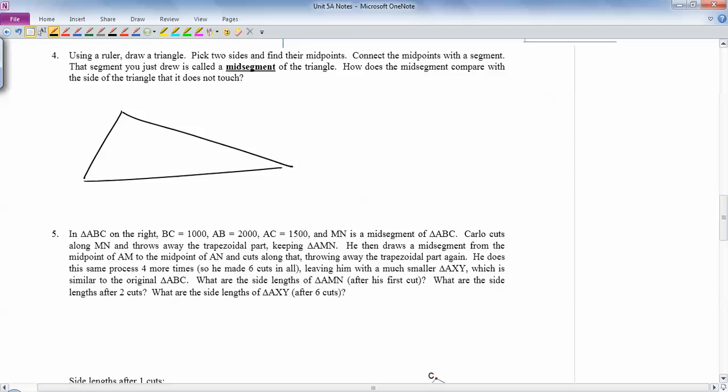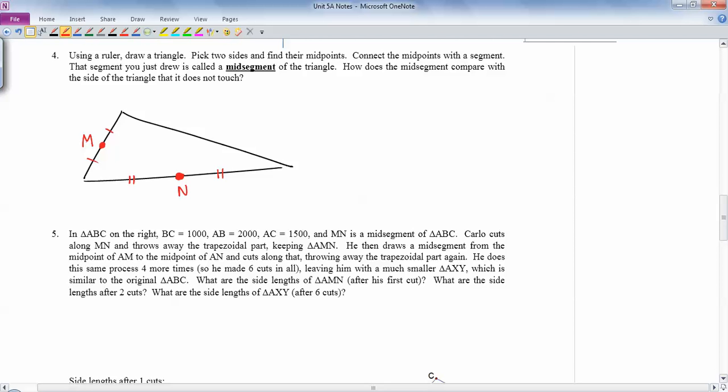And then we're going to pick 2 sides and find the midpoints. So let's say that here's the midpoint of one, and roughly here's the midpoint of the other. And then I'll call it M and N in this case. And so since M's the midpoint, this side equals that side. Since N's the midpoint of the bottom, this side and this side are the same.